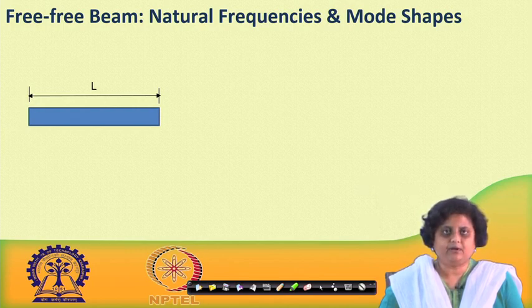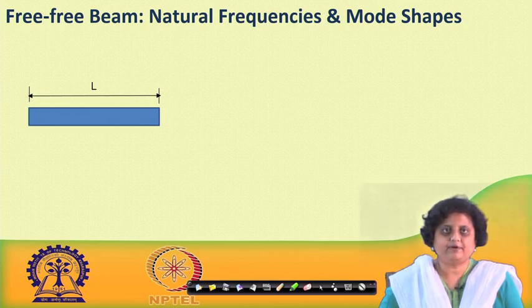This example of a free beam has been carefully chosen to show the existence of a rigid body mode and therefore, the existence of a possible zero natural frequency which denotes the rigid body mode of a free beam.